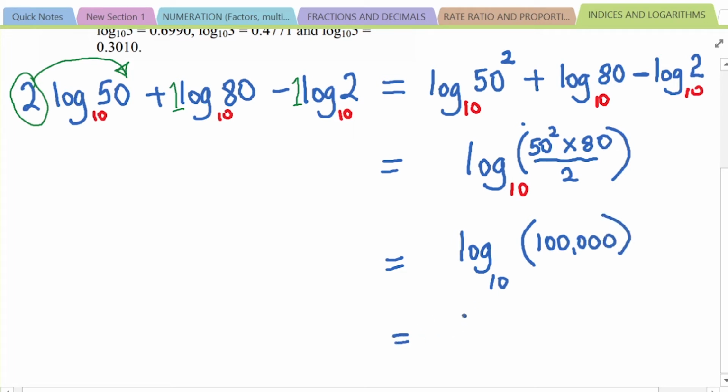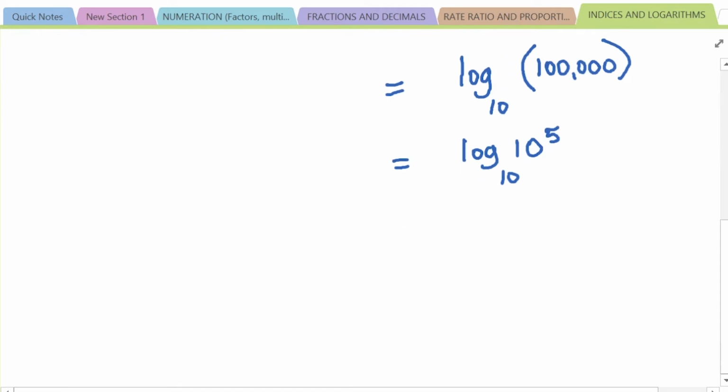So this is going to become log of 100,000, which is 10 to the power 5. So log of 10 to the power 5 to the base 10. This means we transfer this 5 and bring it to the front, according to our logarithm laws.